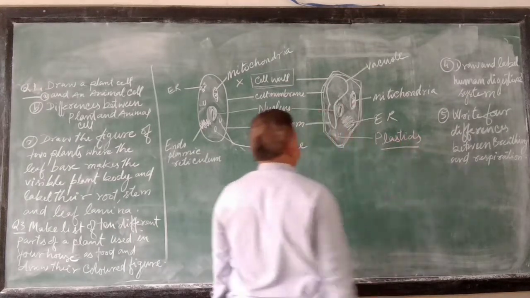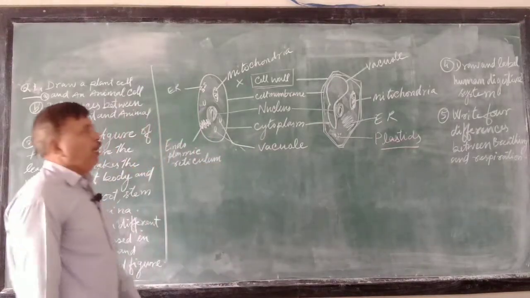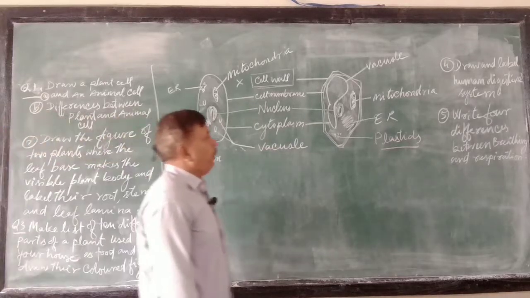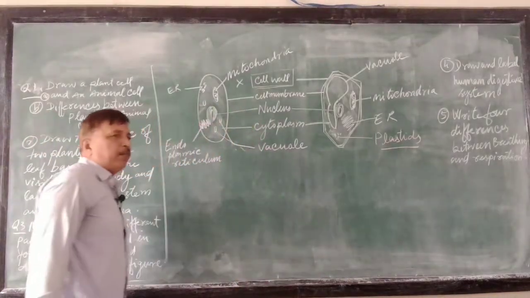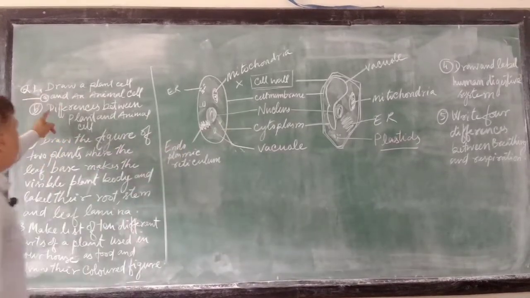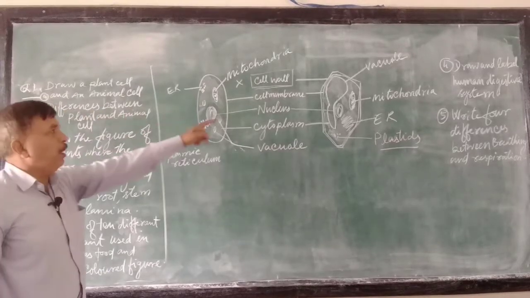The plastids are present in the plant cell but are not present in the animal cell. This way you have to write some more differences. I am just giving you an idea how to do it. So, this is the first part: draw a plant cell and an animal cell and label the parts.